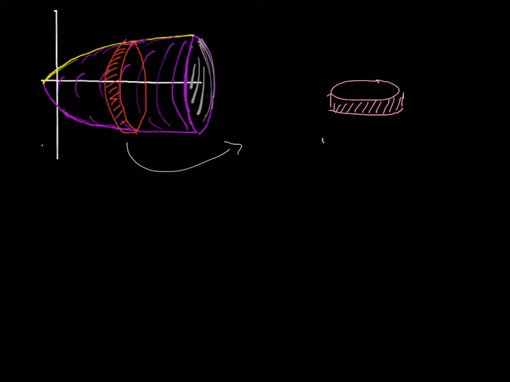Volume is area times height. The area of the face of this shape is the area of a circle, so this is going to be pi r squared times our height, which is this distance right here. If we look back at the original equation, this distance was the length of the rectangle, which was our dx, our change in x.